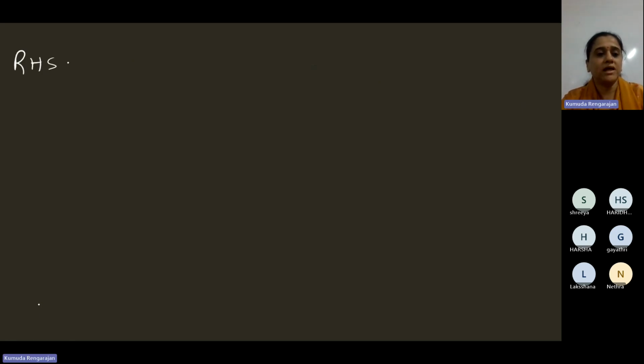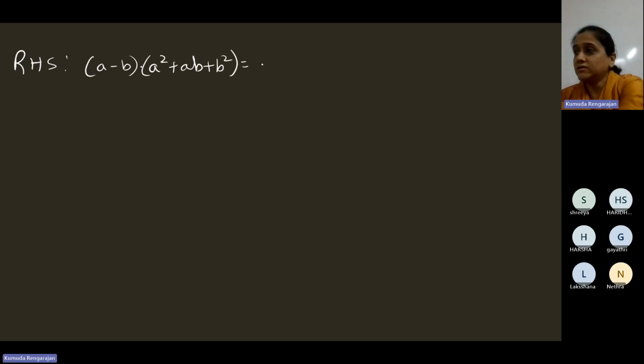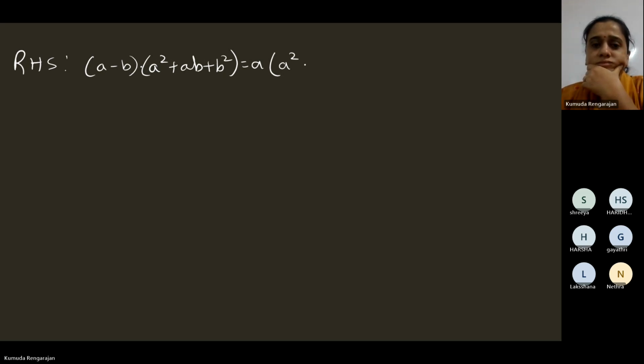Similarly, the RHS of the other one, a minus b into a squared plus ab plus b squared. Start. Louder. First is to present the multiplication. A into a squared, எங்க minus ab?